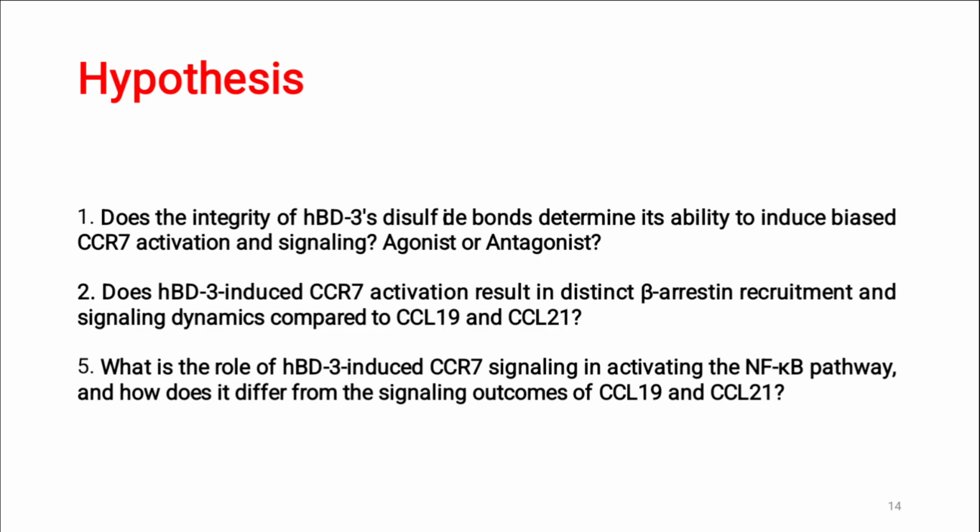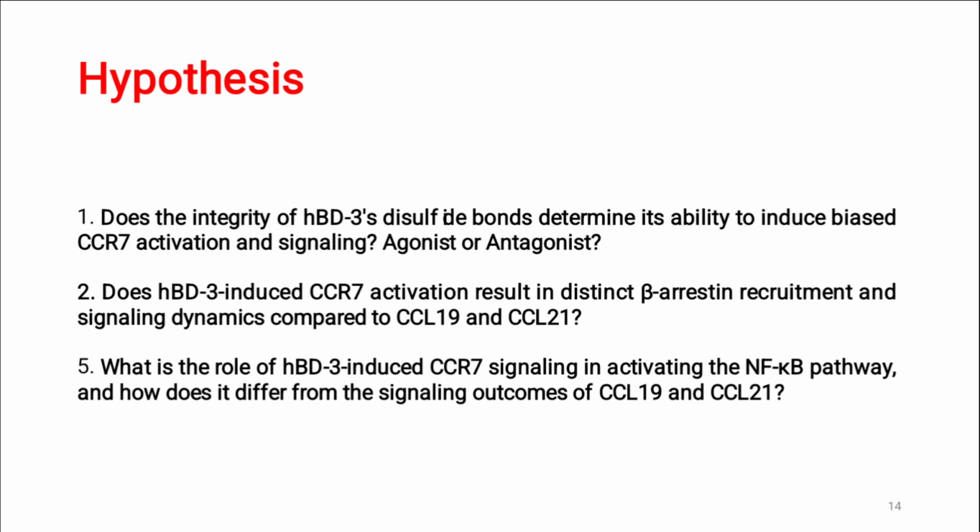The second one is that human beta defensin 3 induced CCR7 activation can result in distinct beta-arrestin recruitment, because not all ligands can induce beta-arrestin recruitment. In this study, we would like to see whether beta defensin 3 can induce beta-arrestin recruitment compared to CCL19 and CCL21, which are the endogenous ligands of CCR7.